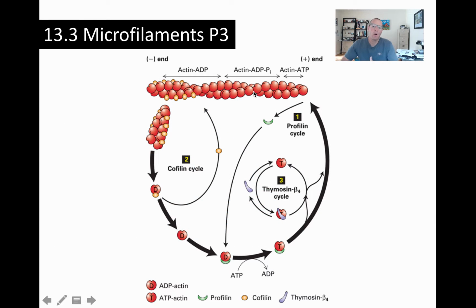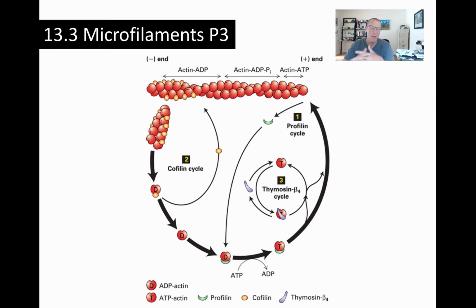Let's move on and take a look at some of the proteins which work on the actin filaments to promote polymerization and depolymerization. So cells can very carefully and very precisely control where actin assembles into microfilaments, and therefore it can also control the resulting network of actin filaments. To do this, they use a variety of actin binding proteins, just like we talked about with microtubule associated proteins.